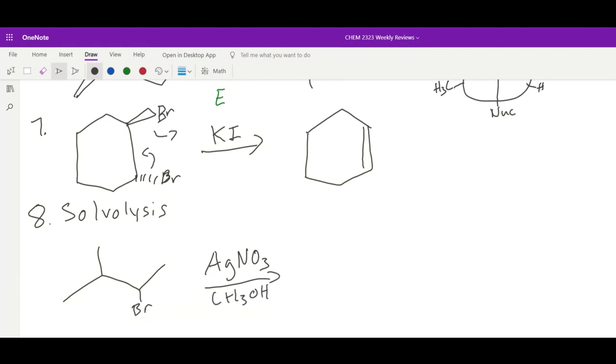Okay, so the definition of solvolysis is when the nucleophile is also your solvent. Okay, or the solvent is also your nucleophile. In this case, my methanol is our solvent, and it's also going to be the nucleophile. So this is both nucleophile and my solvent.